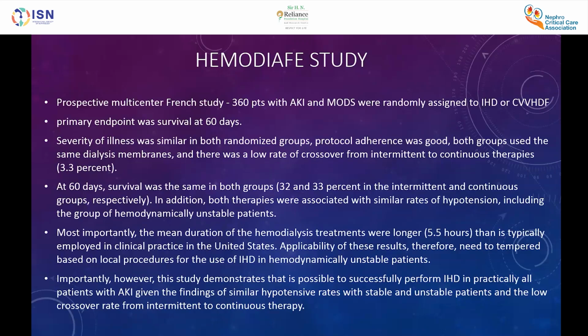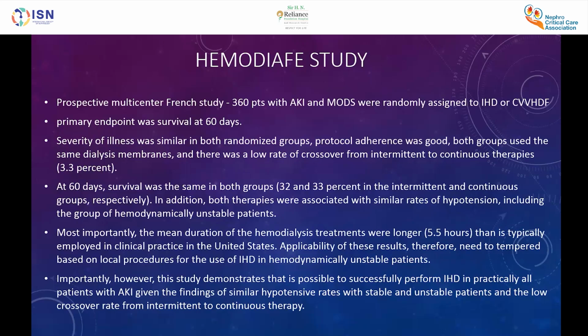In addition, both therapies were associated with similar rates of hypotension, including the group of hemodynamically unstable patients. And most importantly, the mean duration of the hemodialysis treatments was longer than that typically employed in the US, around 5.5 hours.